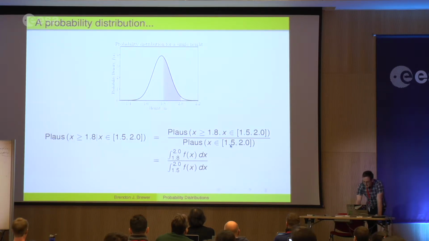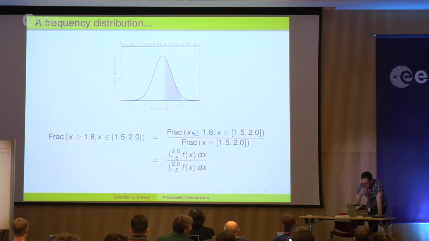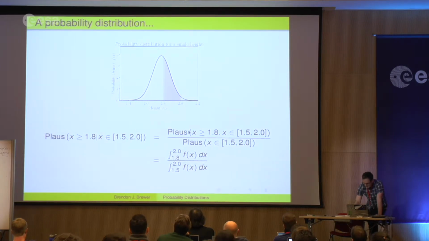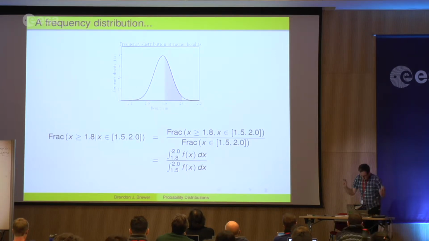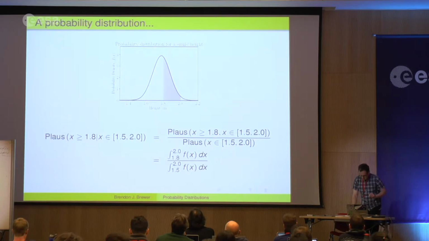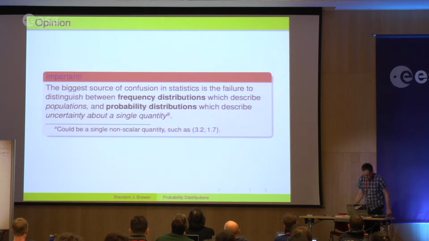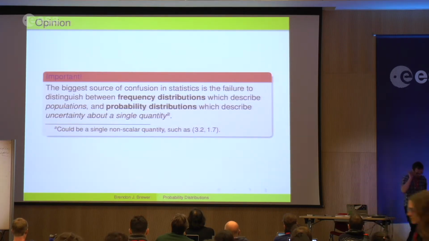This is Bayes' theorem, and it works out to be that ratio of integrals. So we've got the exact same mathematics, two completely different interpretations of what you're doing, and that's the distinction between frequentism and Bayesianism.